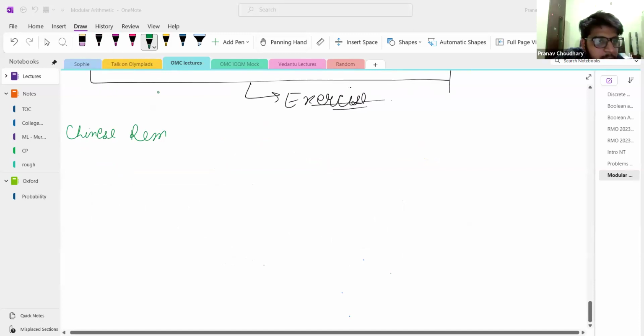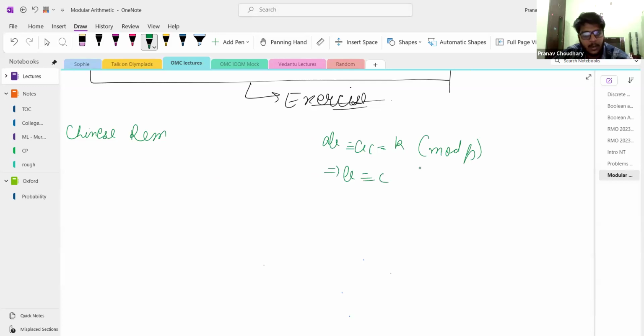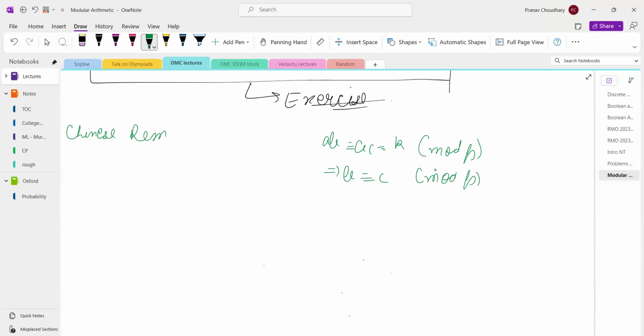I didn't understand your question, Aditya. Suppose ab equals ac equals k mod p. Then it implies b congruent to c mod p.